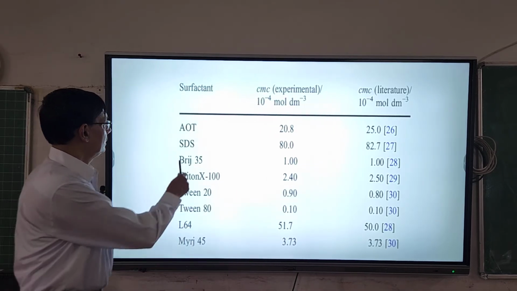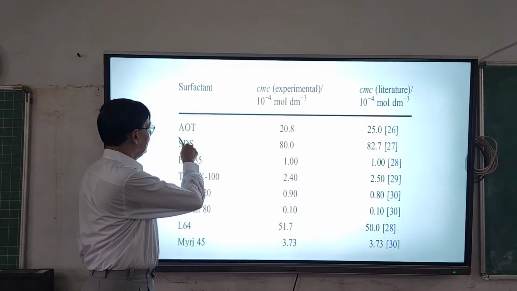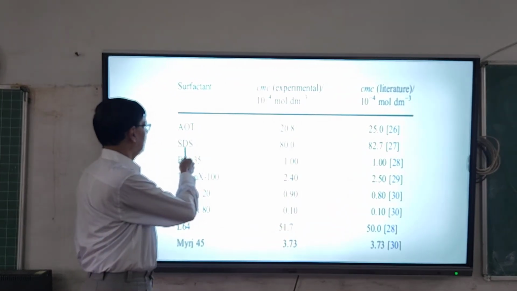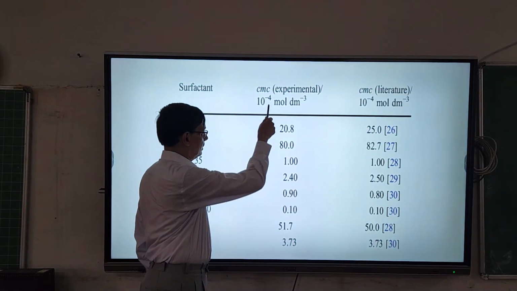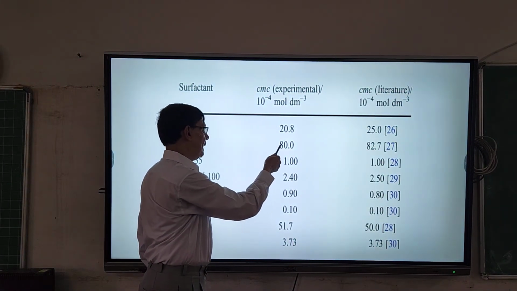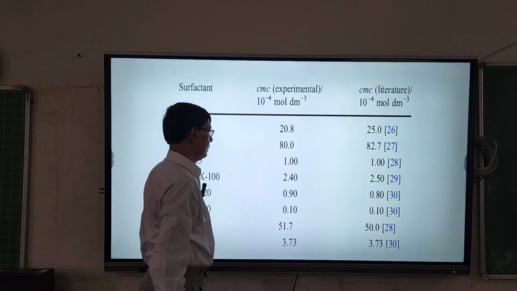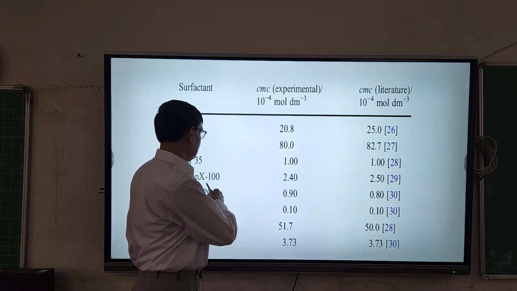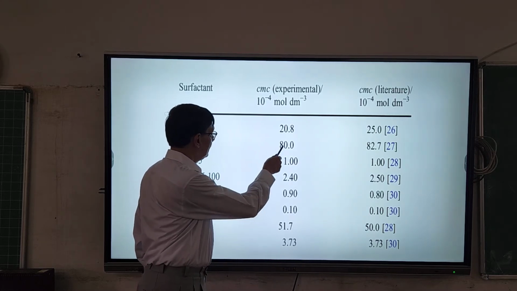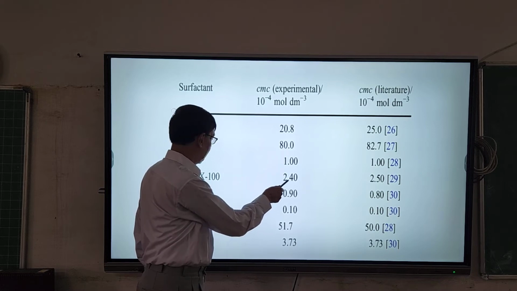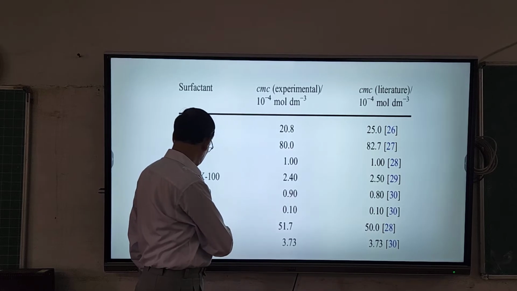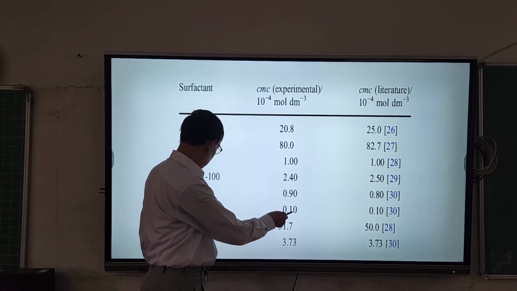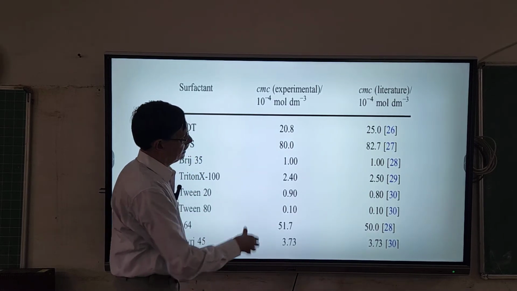You see, SDS, sodium dodecyl sulfate, which is very common, is 8 times 10 to the power minus 3, or 8 millimole. Triton X is 2.4. Tween 20, which is non-ionic, is 0.90. Tween 80 is 0.10. So you can understand the trend.